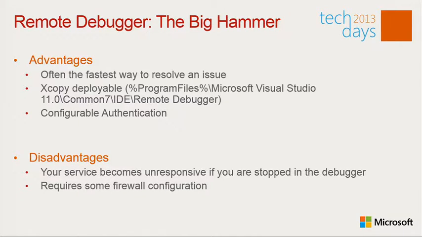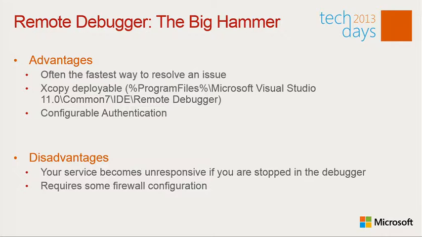And then you can just execute msvsmon, which is the executable for the remote debugger, and it will start right up. It does also have configurable authentication, so it is reasonably secure. So you can adjust who is able to connect to it.